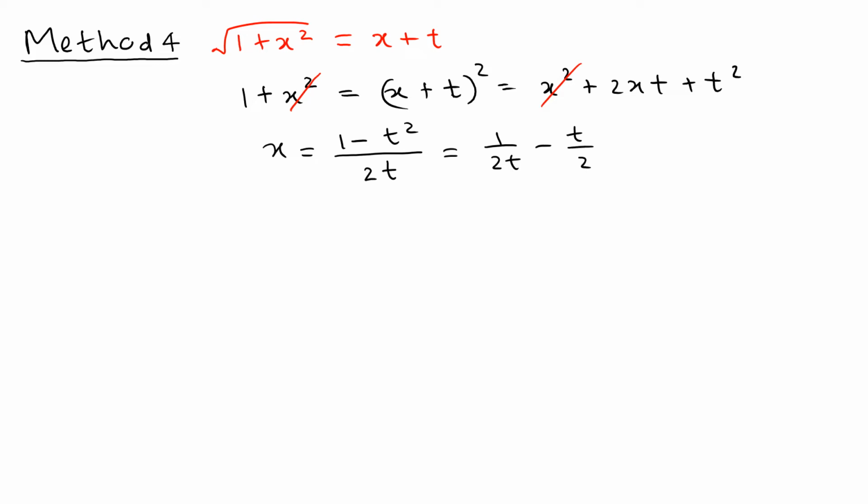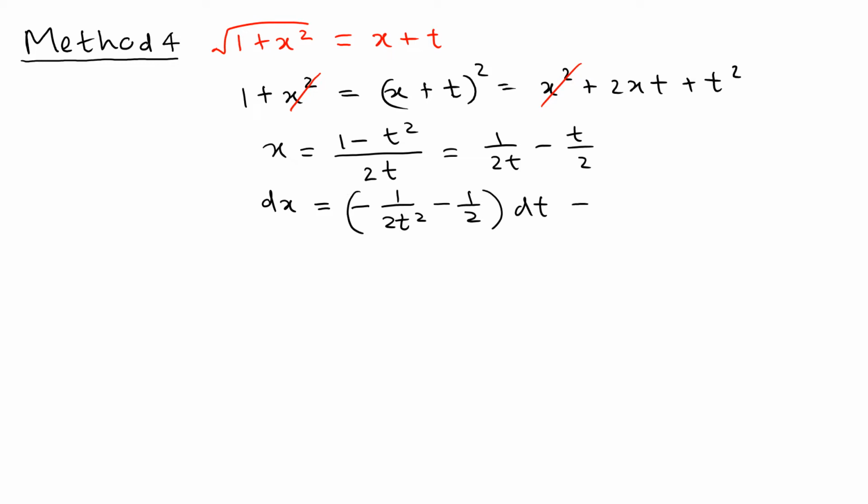Now we take the derivative to find the differential. So dx is equal to negative 1 over 2t squared from the first term, and from the second term you get 1/2, times dt.